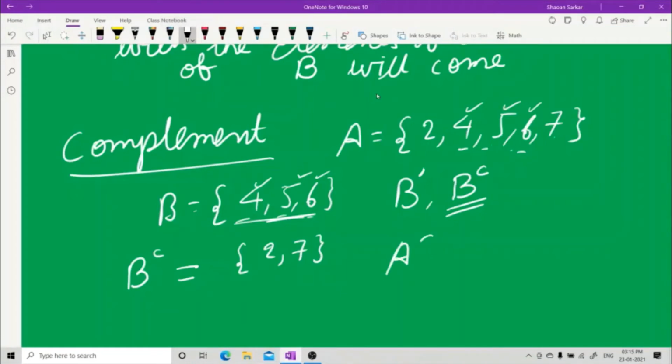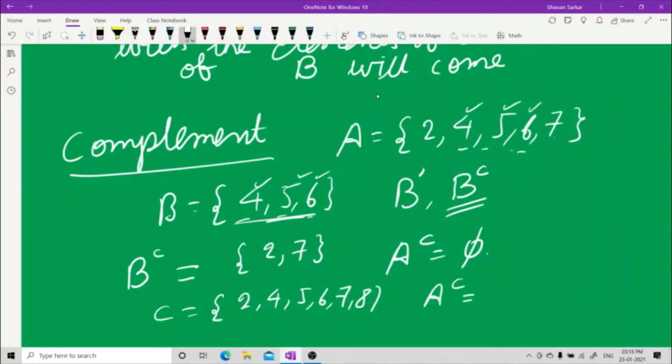I was telling this because, suppose you had a set C, which had 2, 4, 5, 6, 7, 8, then A complement would be your 8 only, nothing else.